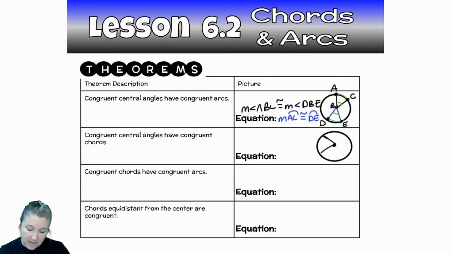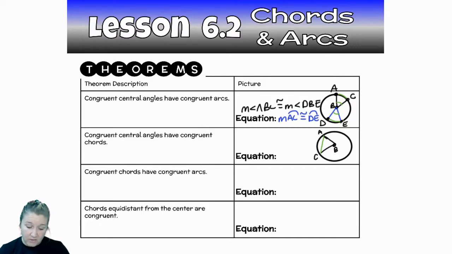If I were to make this chord, it's just a segment that intersects a circle. So if we put some letters here, let's say that this is A, this is circle B again, and this is C.